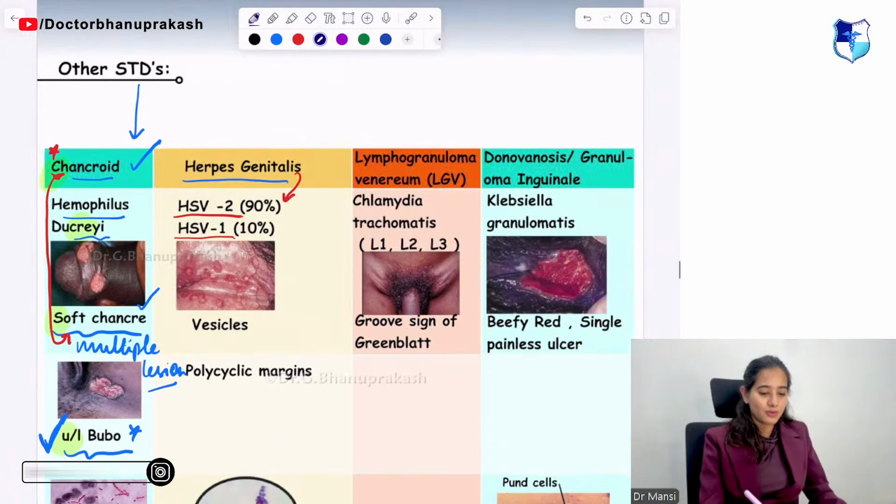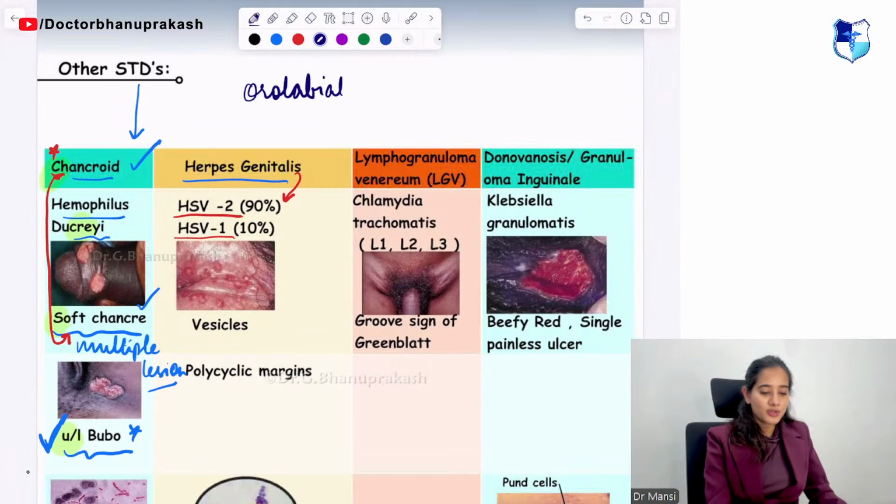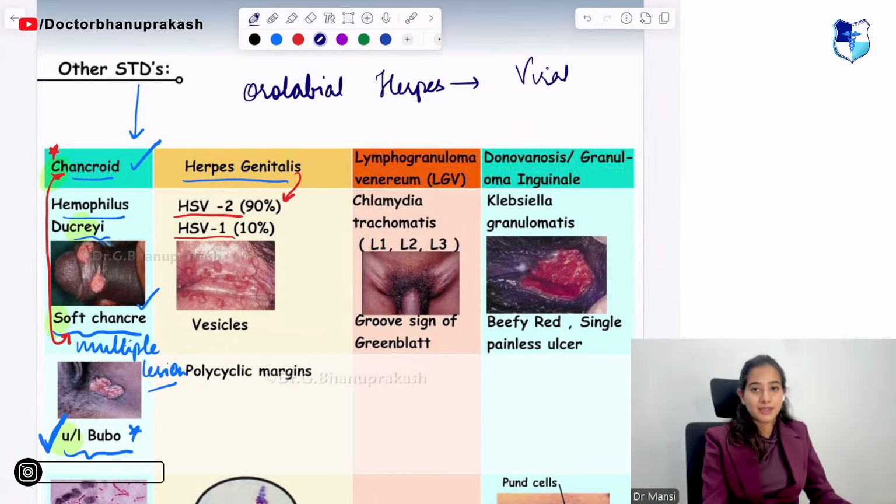We did orolabial herpes, the cold sores, right? We did that in our viral infections. Below belt, above belt, absolutely right. Above belt is 1, below belt is 2, and this is our below belt condition.